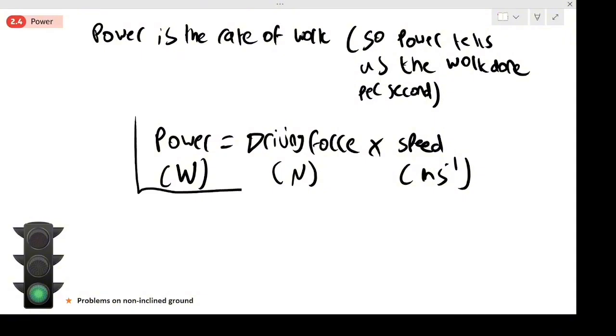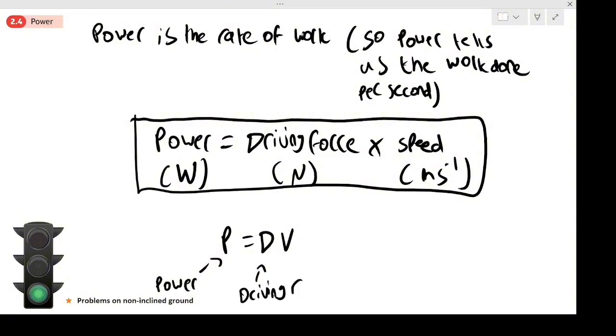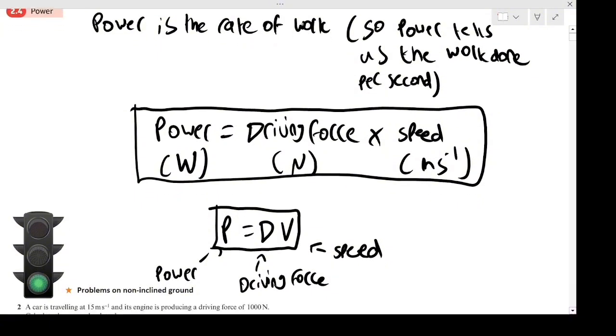Or more succinctly, we can just say that power P is DV, where P is power, D is my driving force, and V is speed. All we'll be doing in this section is implementing this formula, so we're going to look at a bunch of questions now.